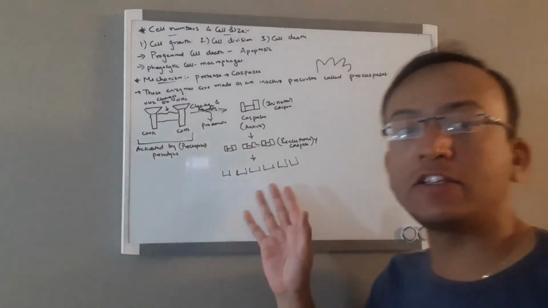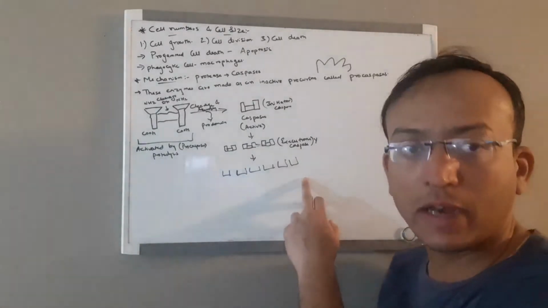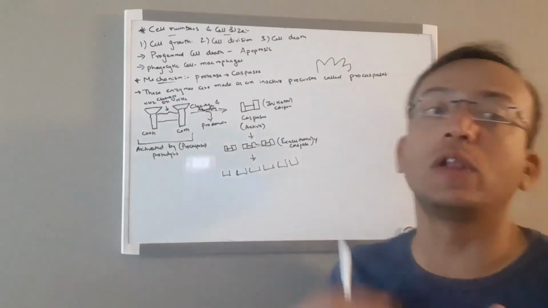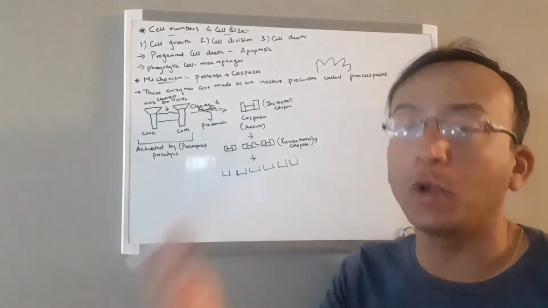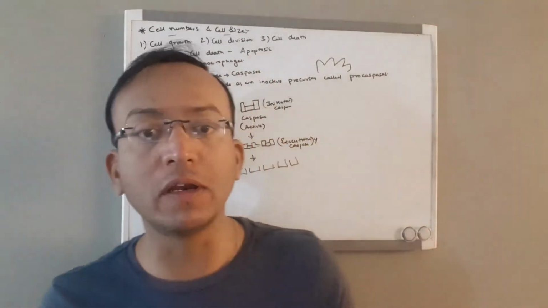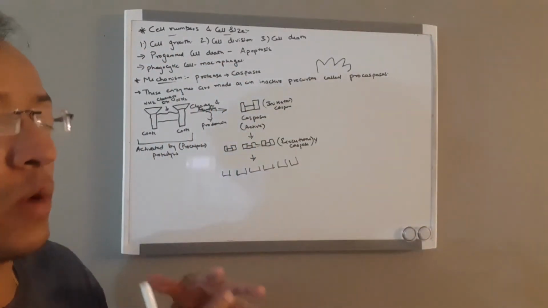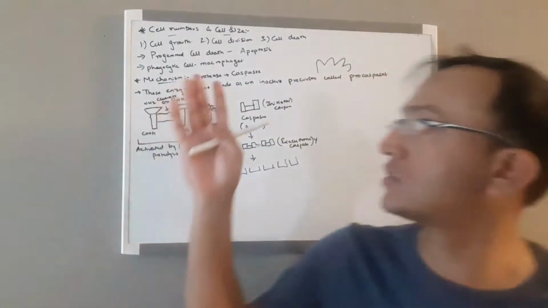Some of these executioner caspases then activate additional executioner caspases, and this will kick off an amplifying proteolytic cascade, right?